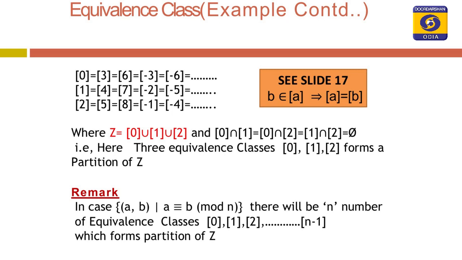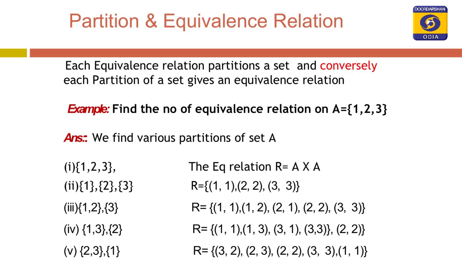So, this example shows that any equivalence relation gives rise to equivalence classes, and equivalence classes are nothing but a partition of a set. And in this slide, here is the converse. In the last example we saw that any equivalence relation gave a partition.